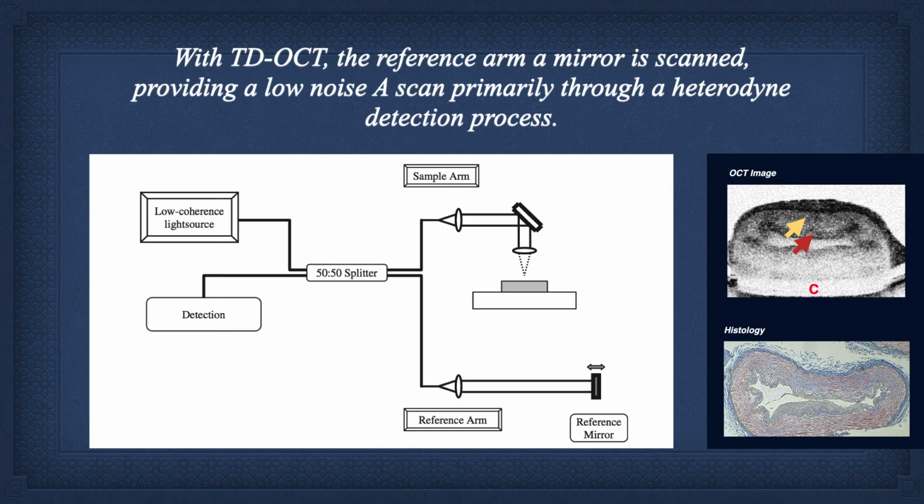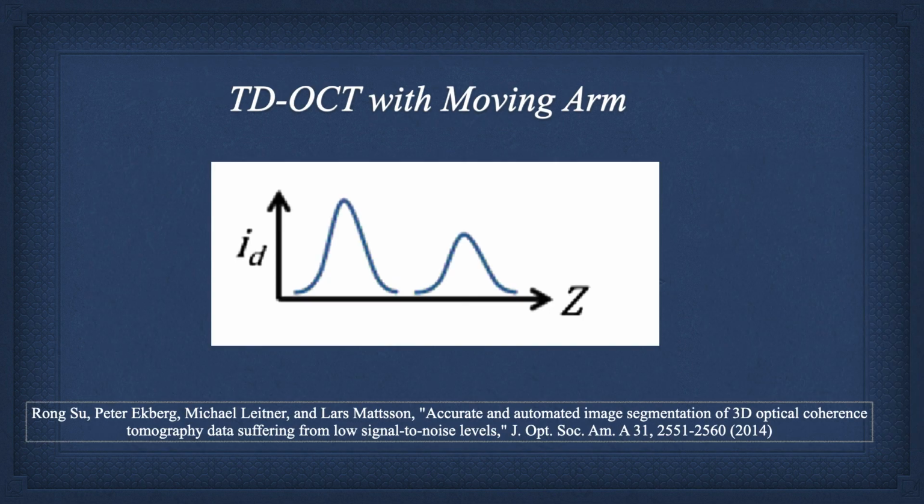So we really don't know how good we can get with time domain, I don't believe, because all the focus went to spectral domain. And this is what a plot coming toward the detector would look like with time domain OCT.